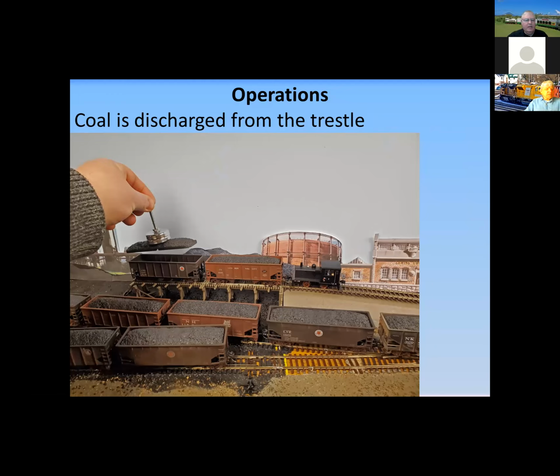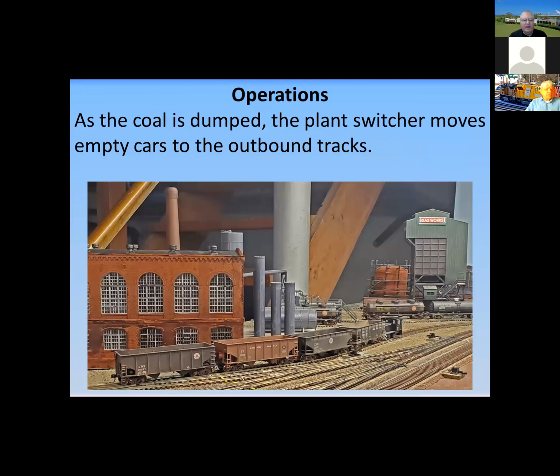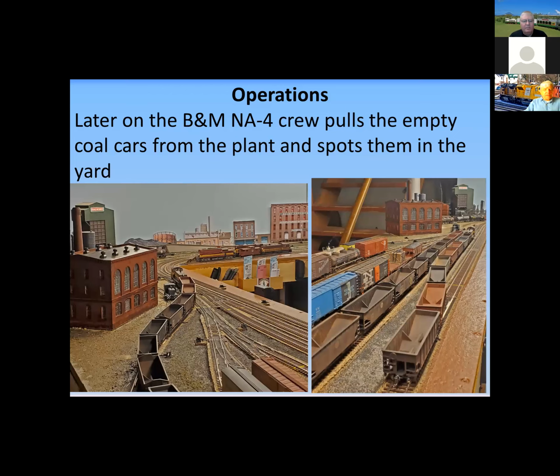They're light and they move easily with the magnet. As the coal is dumped, the plant switcher moves the empty cars out to those exchange tracks. And later on, Boston and Maine comes through, grabs all those empties, and places them in the yard.